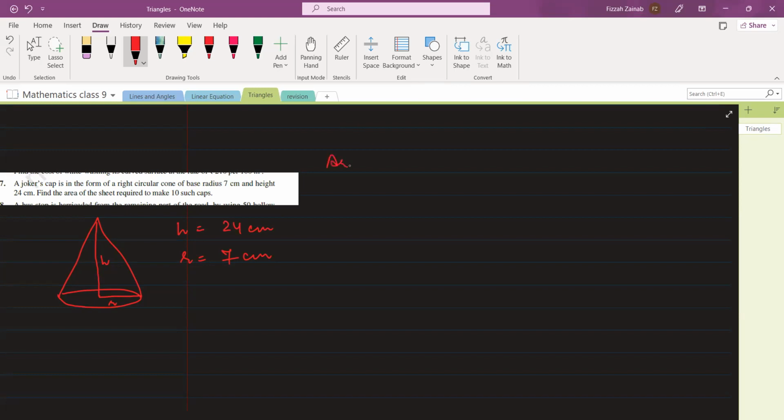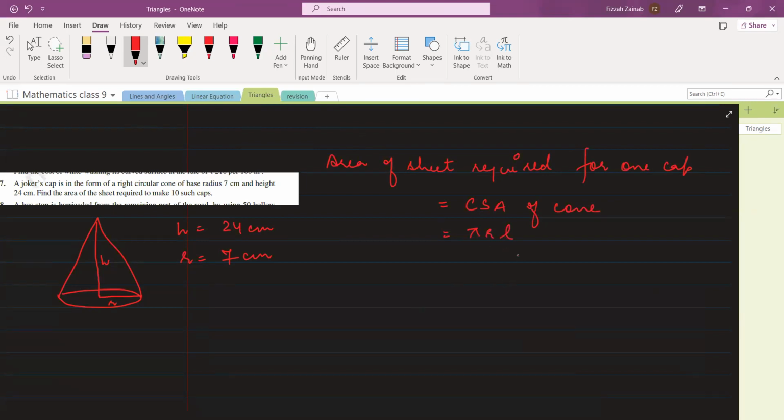So area of sheet required for one cap is equal to curved surface area of cone, isn't it? Because there is no base here, base is open, which is equal to pi r L. Okay.